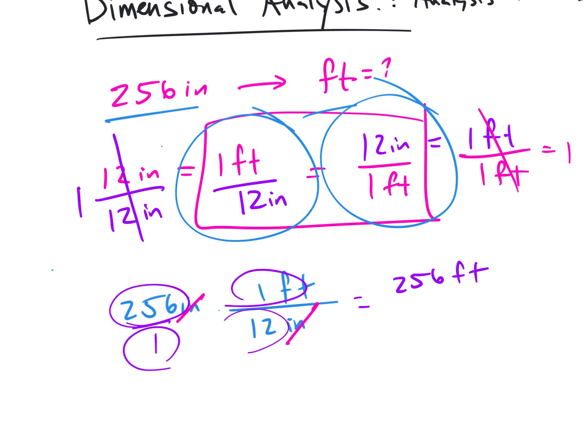And 1 multiplied by 12 is 12. And then I divide the two, right? Guys, that's the long way. If we see a number on top, we multiply. If we see a number on bottom, we divide. So it's 256 divided by 12. Done. Are we good? It's 21.3.